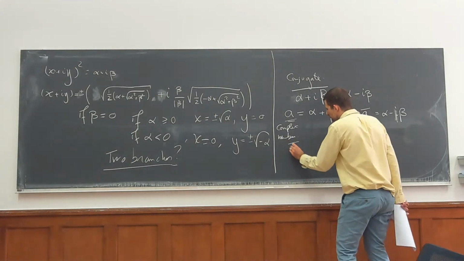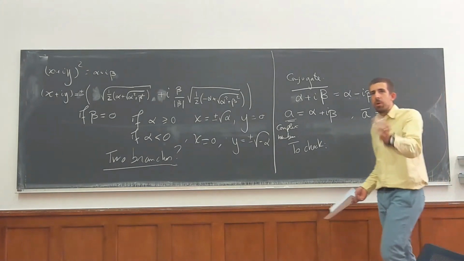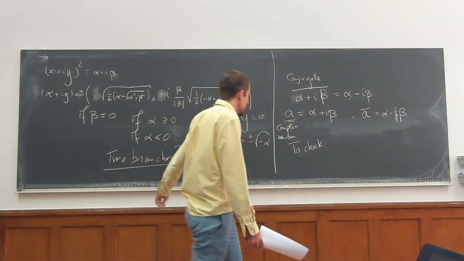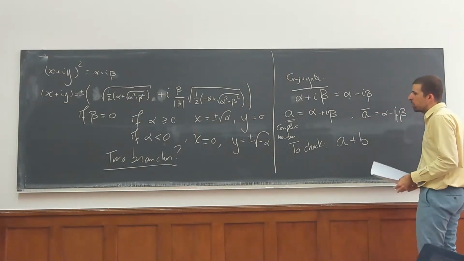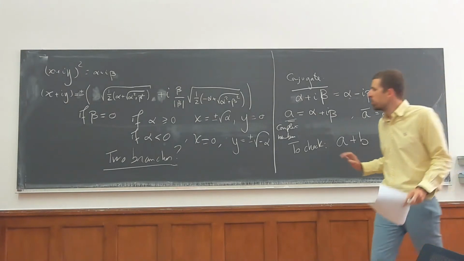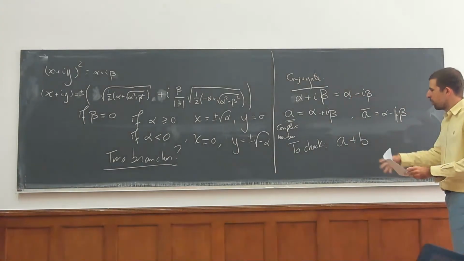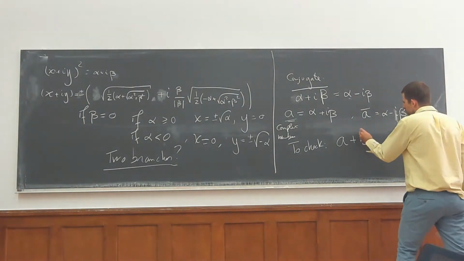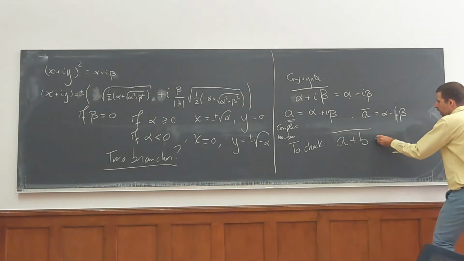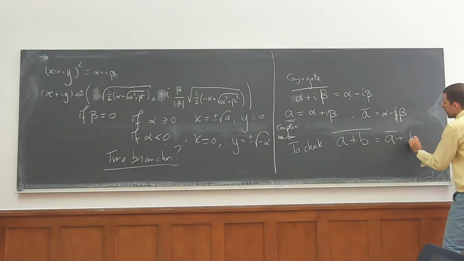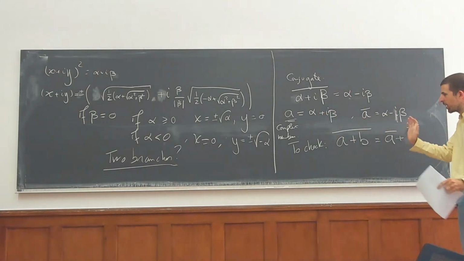Now, things to check. I recommend you check this at home. If I take two complex numbers, I'm going to use Latin letters for complex numbers and Greek letters for reals. At least for now, I'm not sure how consistent I'll be, but from context it will be clear what kind of numbers they are. If I take the conjugate of the sum, this is just the sum of the conjugates. This is pretty obvious, but work it out.